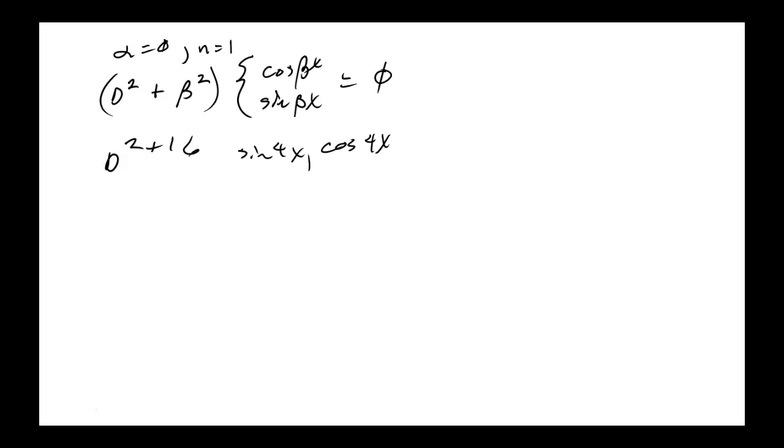Then the product of the differential operators L1 and L2 annihilates the sum, that is C1 y1(x) plus C2 y2(x). We can easily demonstrate this using linearity and the fact that L1 L2 is the same as L2 L1, which we noted earlier.